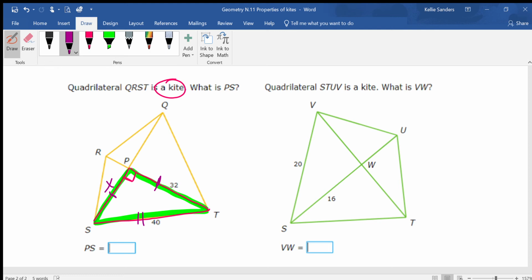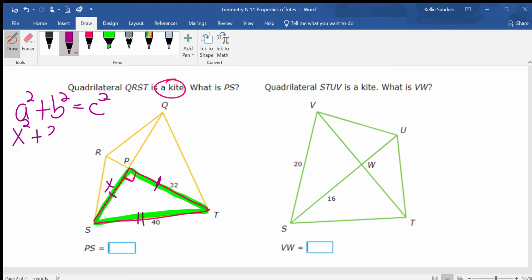And we're going to use the Pythagorean theorem for that. So a squared plus b squared equals c squared. X and 32 are your legs. It doesn't matter which one you put where.